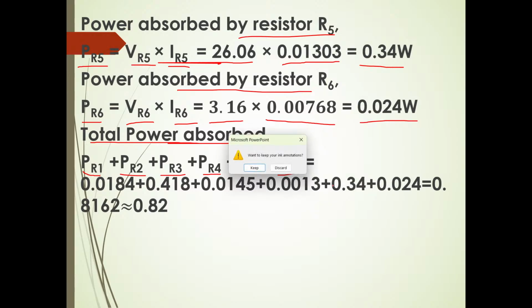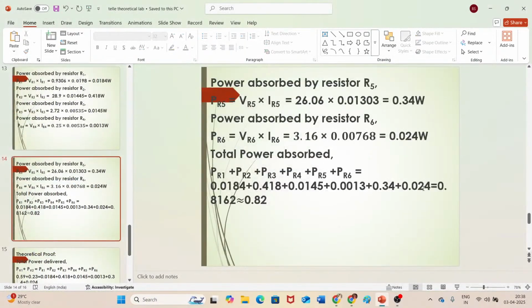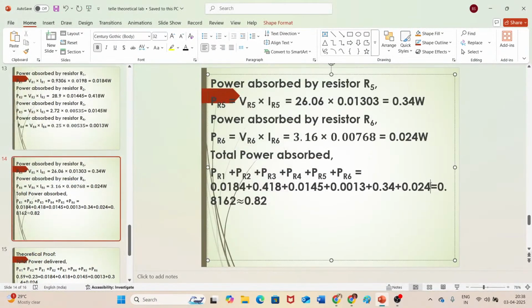So if you add all these powers, what you are going to get is 0.8162, which is approximately 0.82.